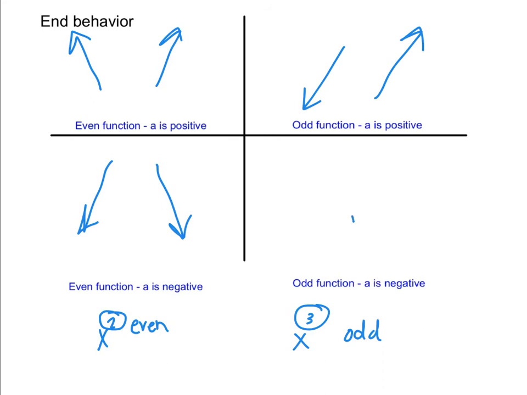If a is negative, that just switches. So it would be down to the right, up to the left. So this speaks to end behavior of a polynomial function, and it relies on the evenness or oddness of the degree, not the symmetry. So this will be important when we, on the next example, sketch a polynomial.